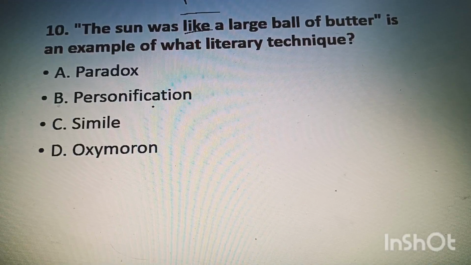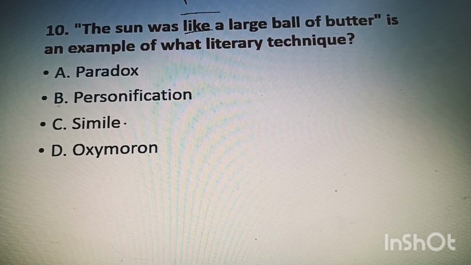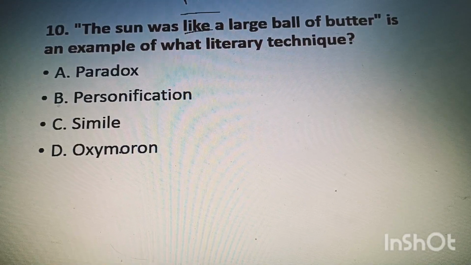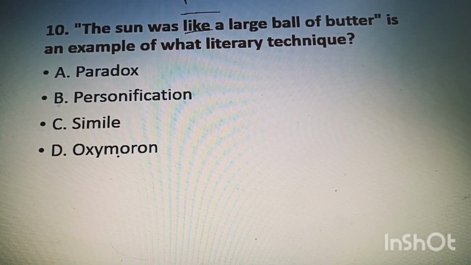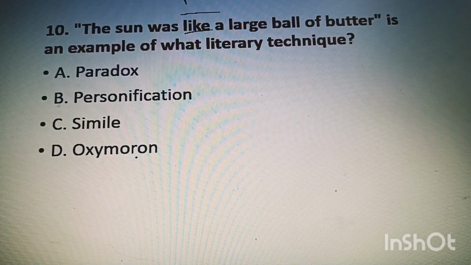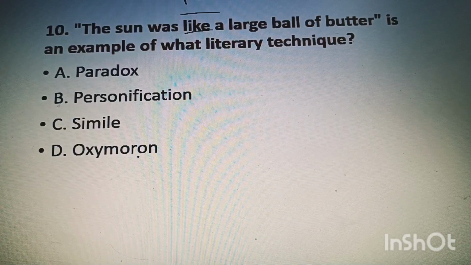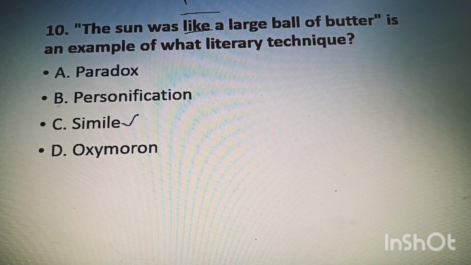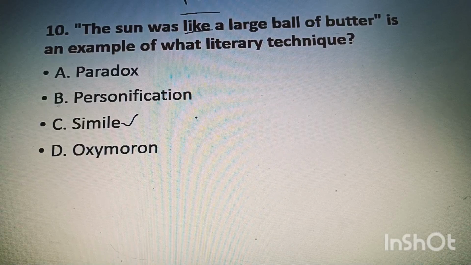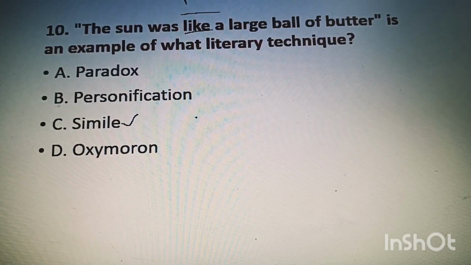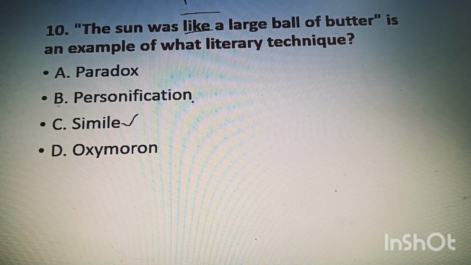Personification, that is Manvikram. Simile, that is Upama. And oxymoron, two opposite ideas or things, like mighty dead. So this is simile, use of like. When an object or thing is compared with another using like, that is simile, Upama Alankar.